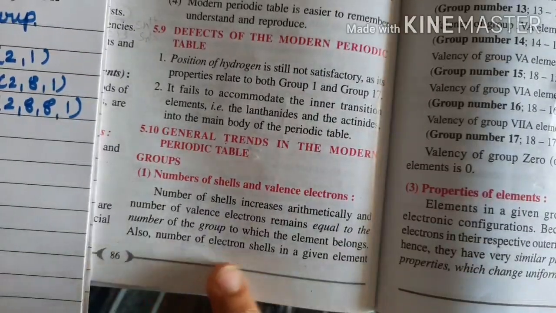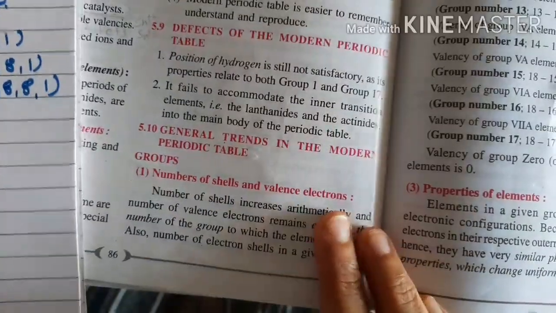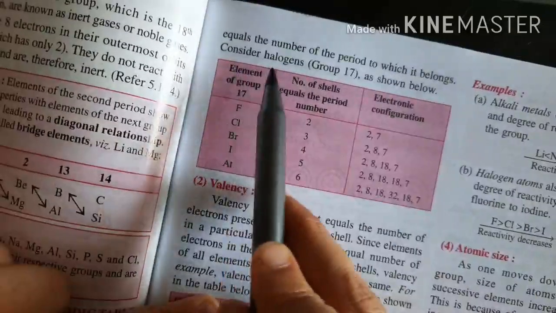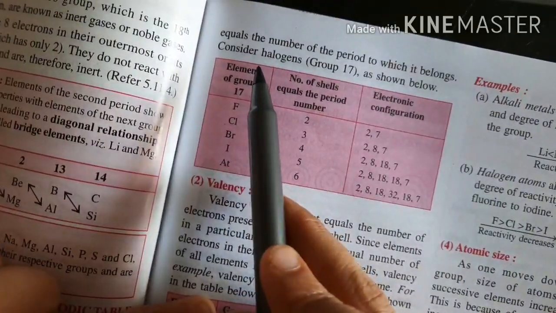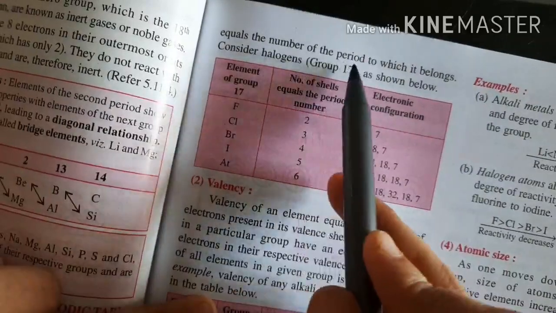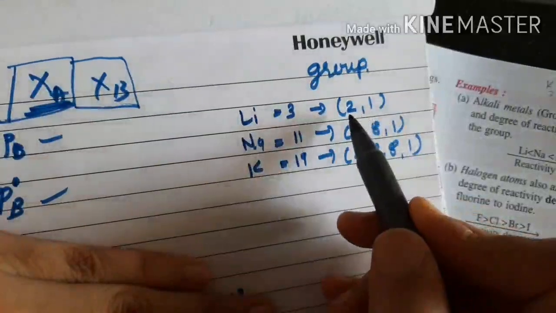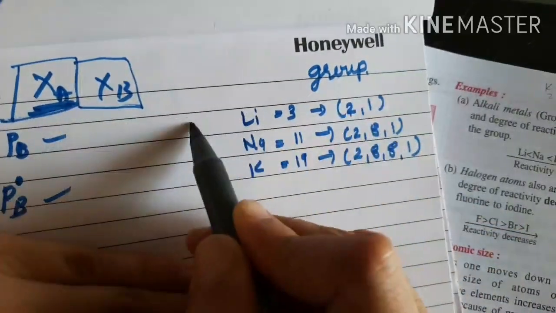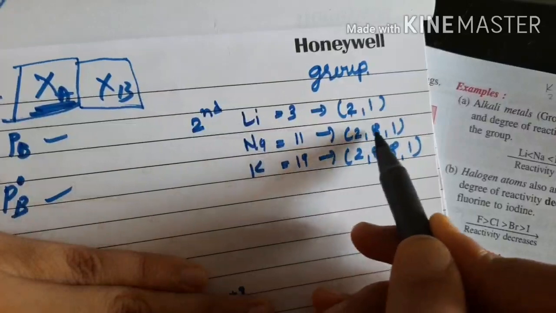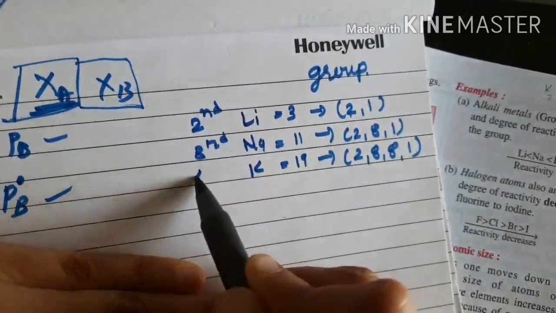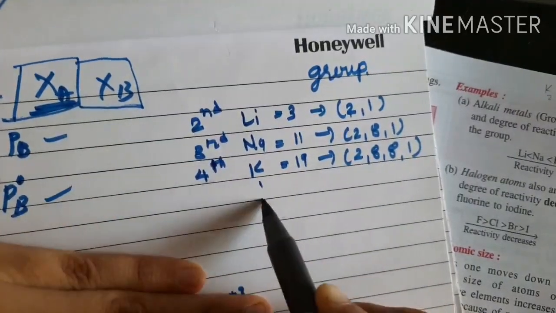Also, the number of electron shells in a given element is equal to the number of the period to which it belongs. Suppose there are 2 shells, it is the second period; 1, 2, 3 shells, it is the third period; 1, 2, 3, 4 shells, the fourth period, and so on.